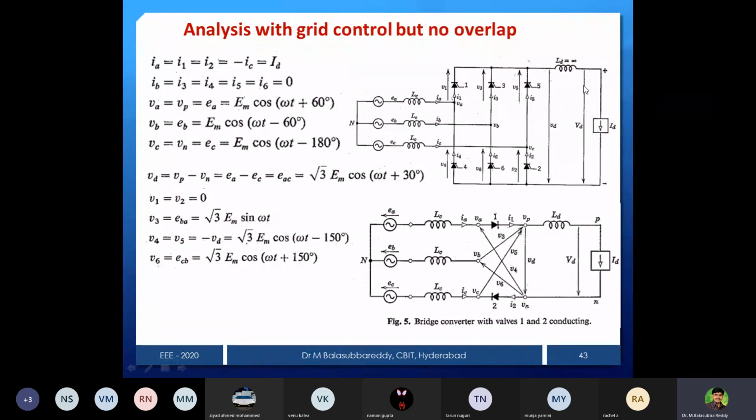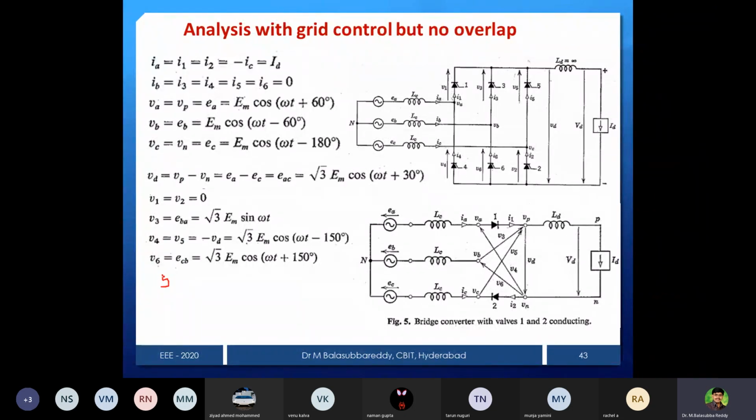Now this is actually our 6 pulse converter circuit. If you are not considering overlap, then you may be aware that in a 3-phase full converter sequence, wherever you start, let it be 1 2 or 2 3 and so on, or 5 6, you can start anything.